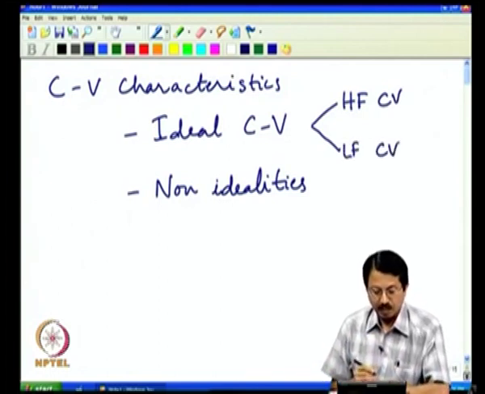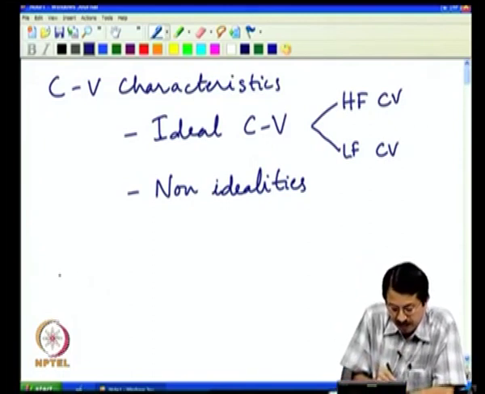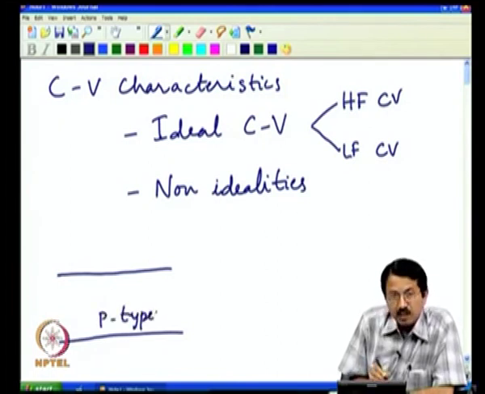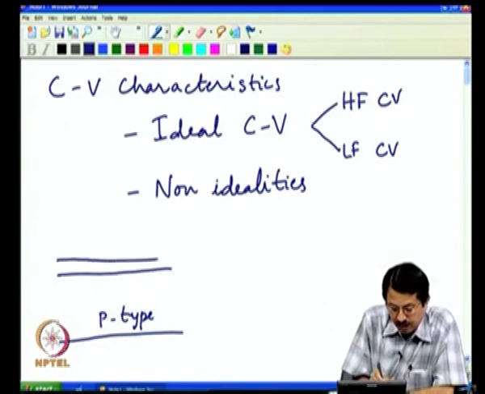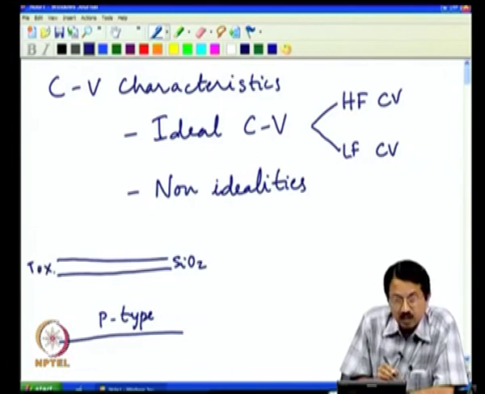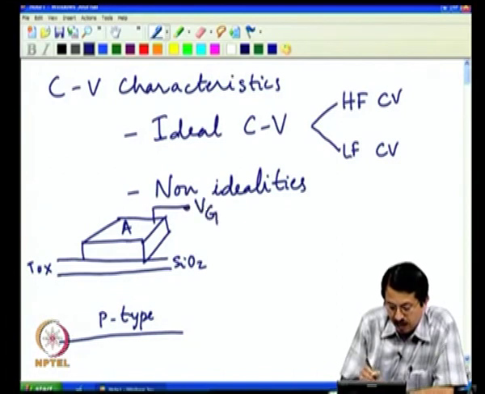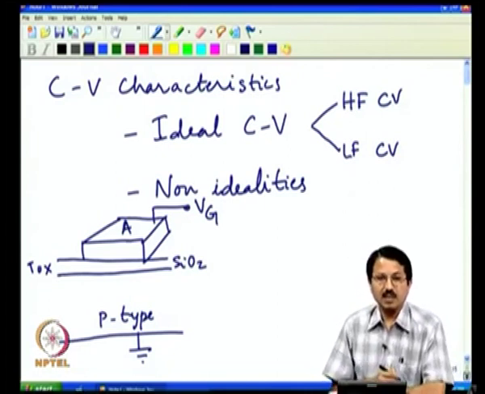So, the device that we are considering here is as usual p type substrate silicon with gate oxide SiO2 of certain thickness T ox, and a gate electrode of certain area. So, this is where you are applying your gate voltage and the substrate is at ground potential, right.